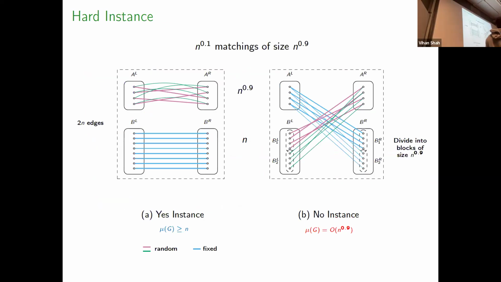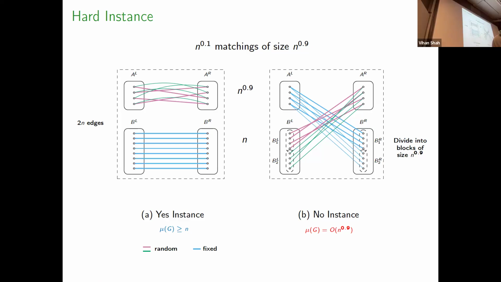So let's look at what the distributions are. Here we have two groups of vertices. You have these A vertices here and these B vertices here. In the yes case, you have this large matching, which is of size n. And in the no case, you just have edges between AL and BR and AL and BL.